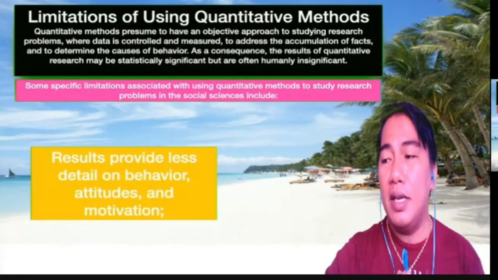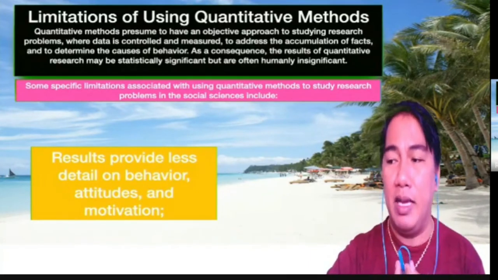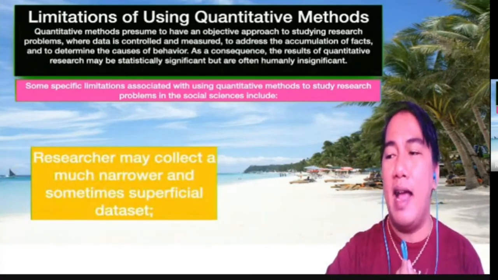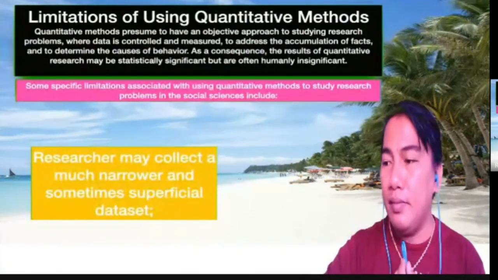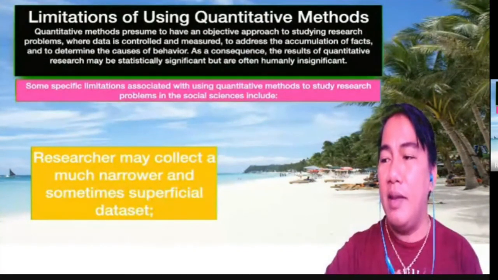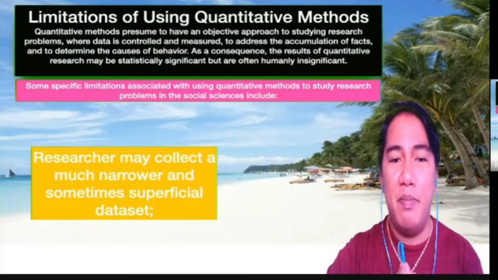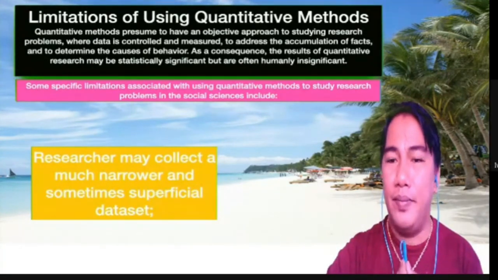The results provide less detail on behavior, attitude, and motivation. Same explanation ng previous na nasabi ko. Okay, researcher may collect a much narrower and sometimes superficial data set. Okay, so sometimes out of, for example, ilang milyon na ba ang Philippines? 100 million, sir.